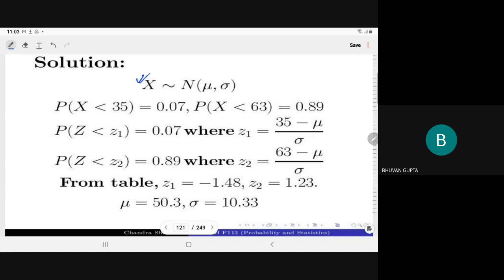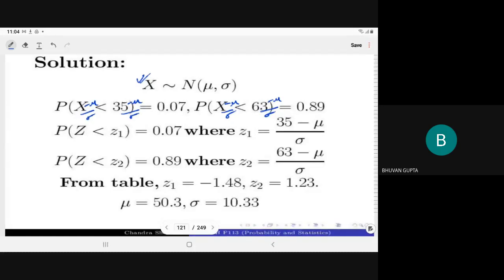Given probability x less than 35 is 0.07 and probability x less than 63 is 0.89, when we do (x minus mu)/sigma on both sides, we get probability z less than z1 is 0.07, where z1 is (35 minus mu)/sigma, and probability z less than z2 is 0.89, where z2 is (63 minus mu)/sigma.